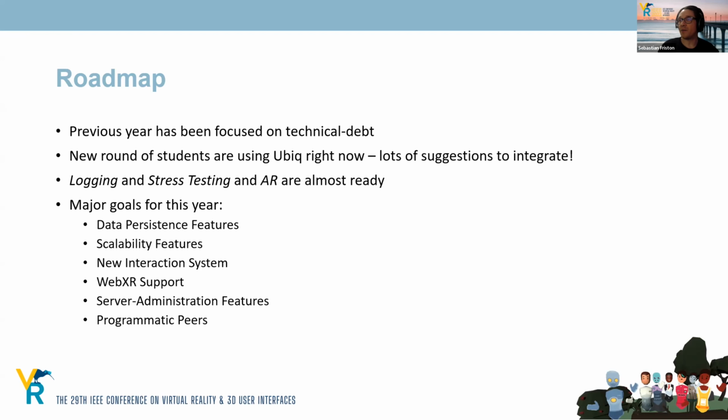So we've done a lot of work behind the scenes over the previous months, and what we want to do now after the conclusion of our virtual environments module this year is add some major refactors and features. These include the logging and network stress testing features and mixed reality support. These are almost ready, as I mentioned about the stress testing, for example, and they mainly require basic cleanup before they are merged into our main branch.